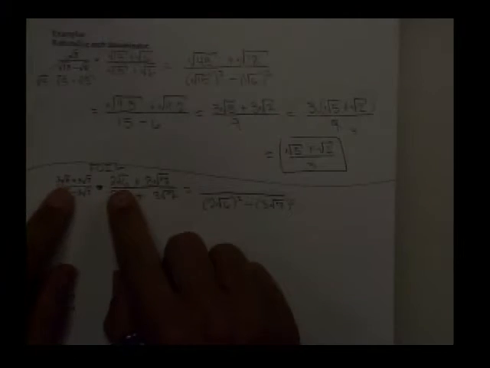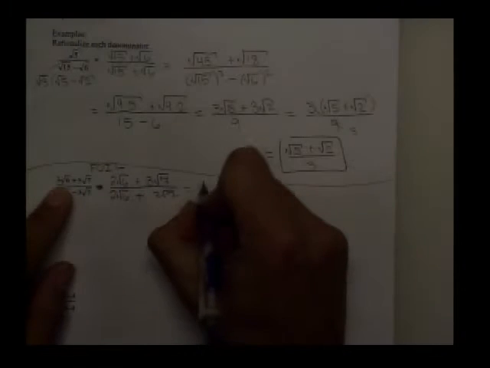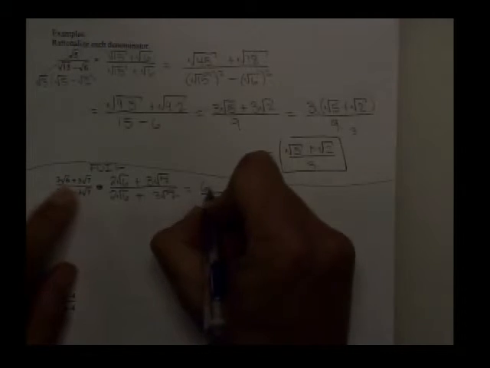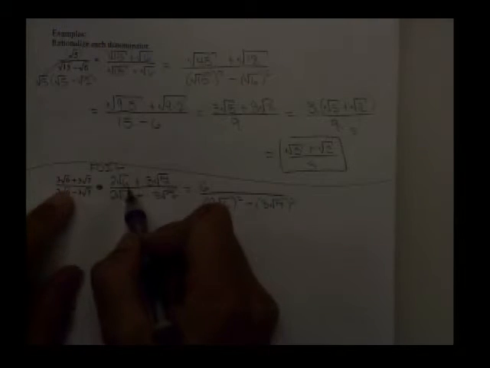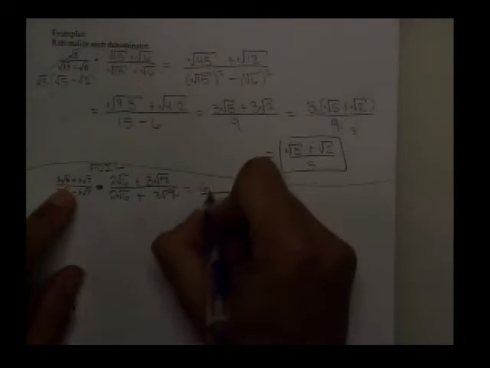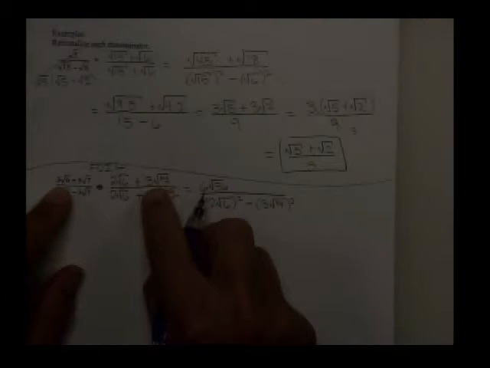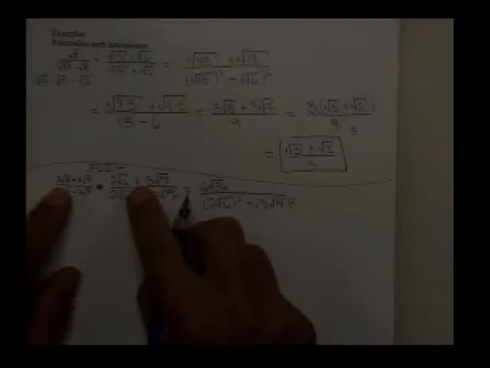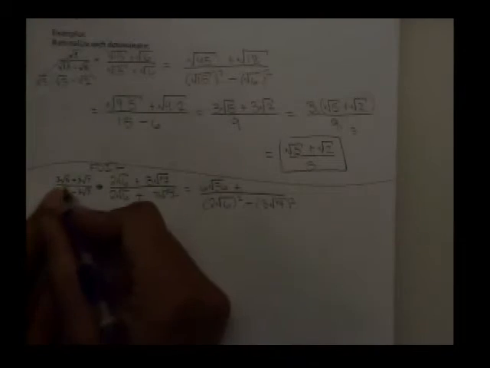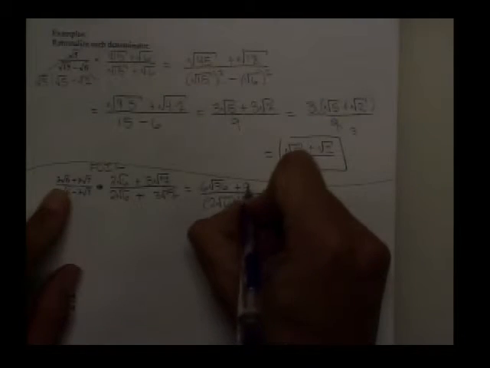Okay, so first times first. So 3 times 2 is 6. And then root 6 times root 6, root 36. Okay, so that's first outside. Everything's positive in the numerator. So plus 3 times 3 is 9.